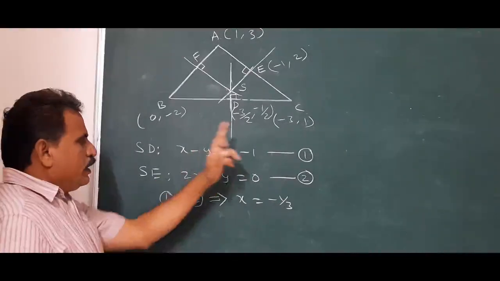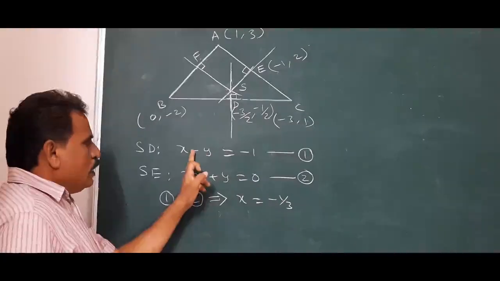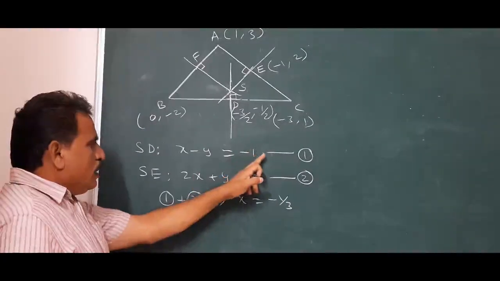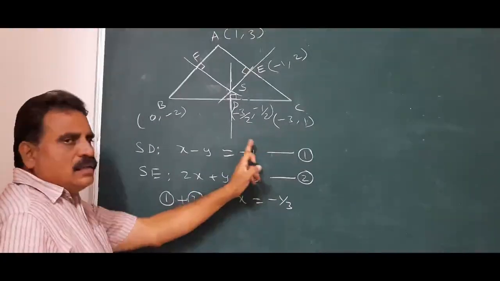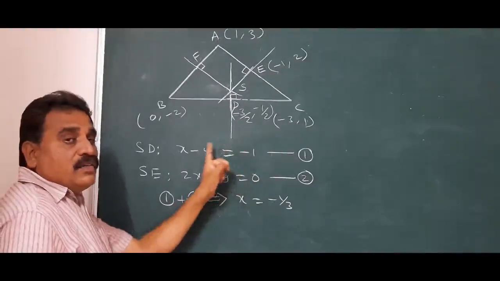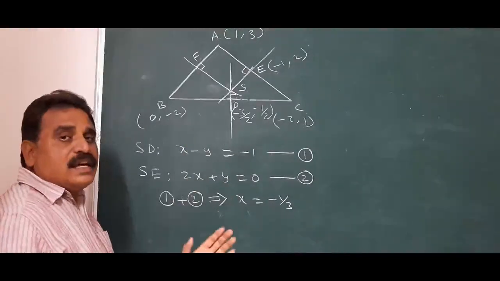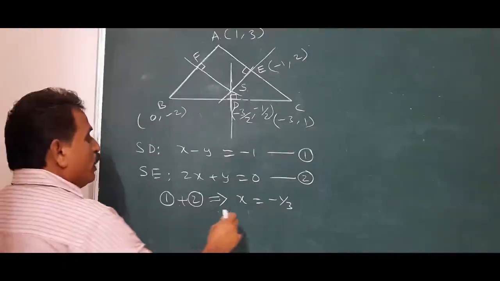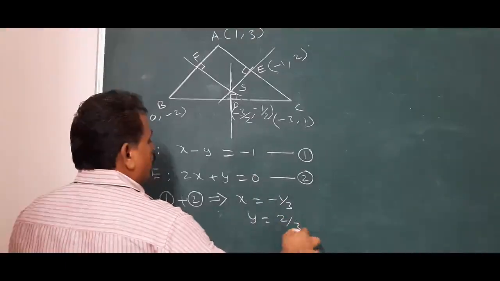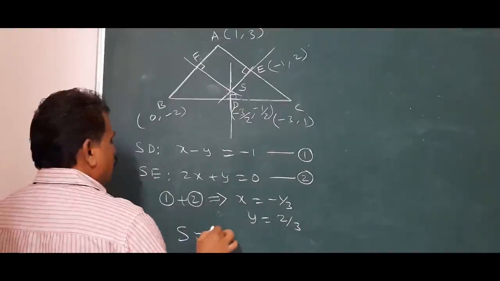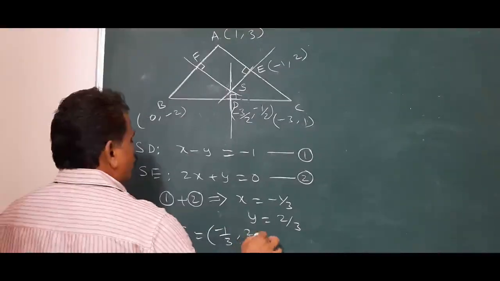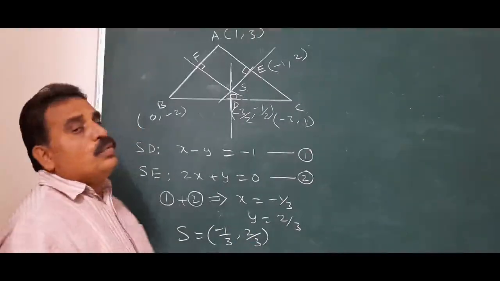Minus 1 by 3, take that side. Minus y equal to minus 1 plus 1 by 3, that is minus 2 by 3. That is the value of minus y. Both sides cancel minus, then we get y equal to 2 by 3. Thus we get the circumcenter S equal to minus 1 by 3, 2 by 3.